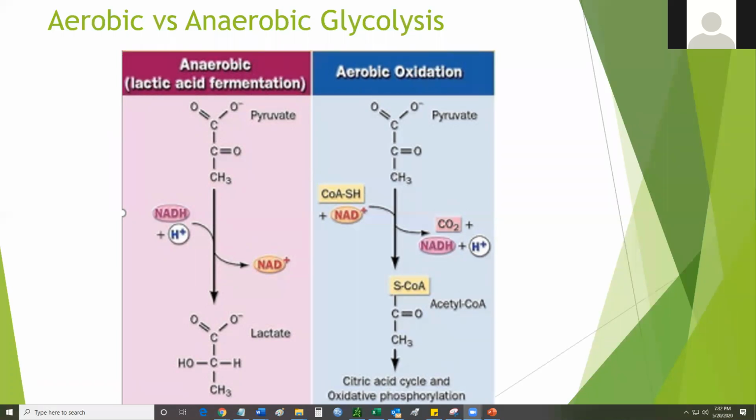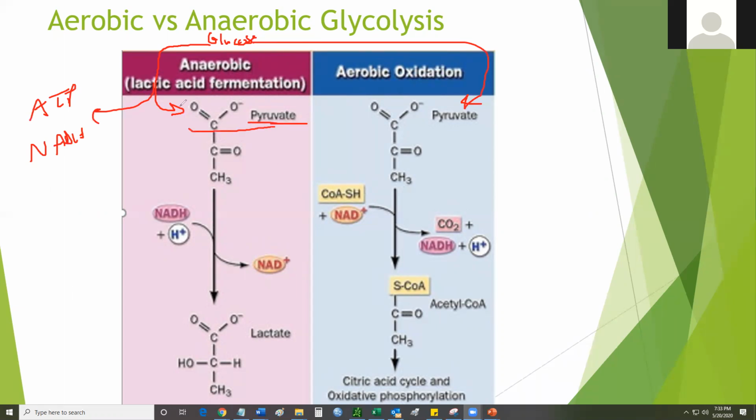When we have anaerobic glycolysis, you're taking glucose, and then at the last step you'll see that you'll get ATP, you get NADH, and you get pyruvate. That's the same on both sides of this. Where the differences occur is what happens after we get the pyruvate.